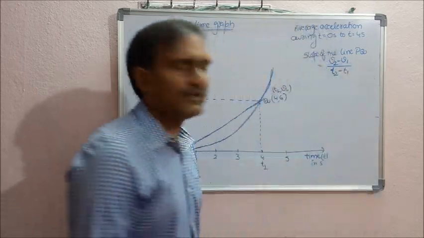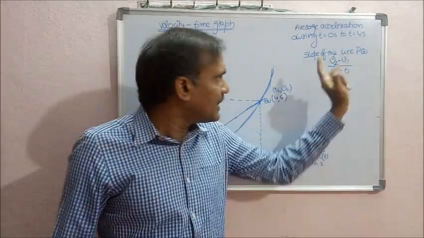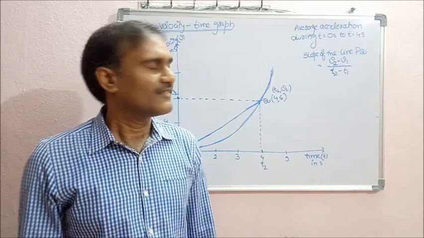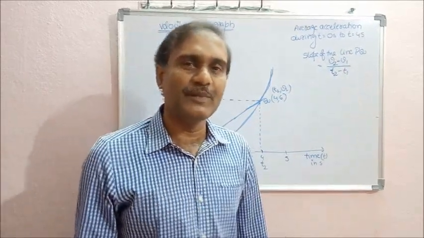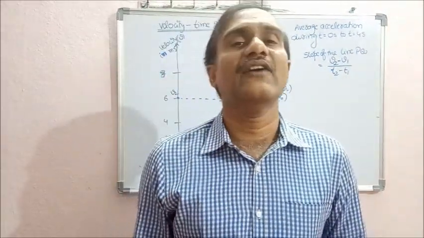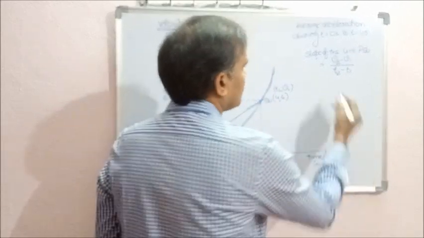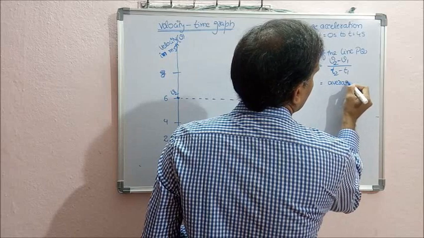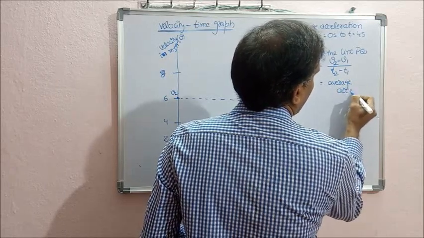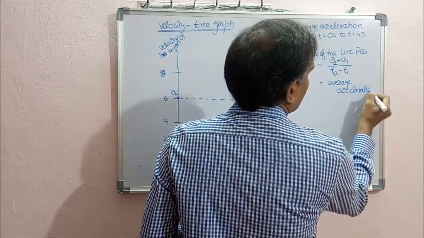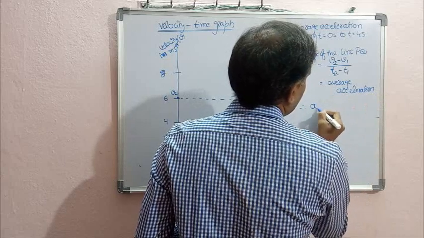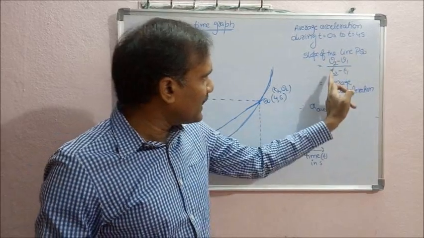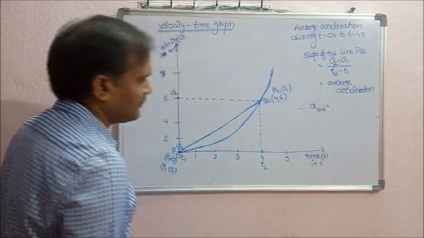What does this V2 minus V1 indicate? Change in velocity divided by time interval. Change in velocity divided by time interval indicates average acceleration. Therefore, the average acceleration, A average, is equal to V2 minus V1 divided by T2 minus T1.